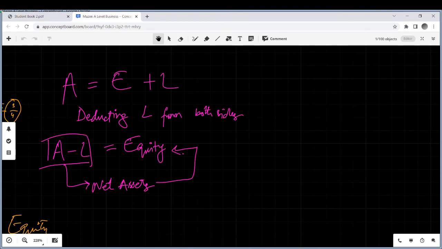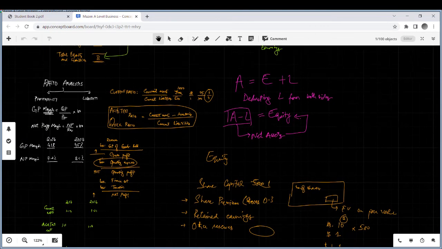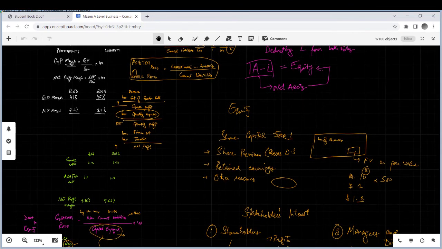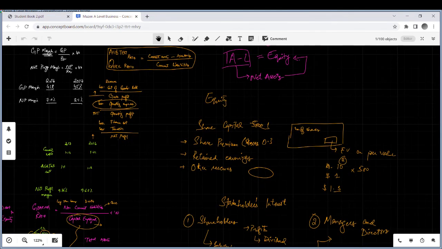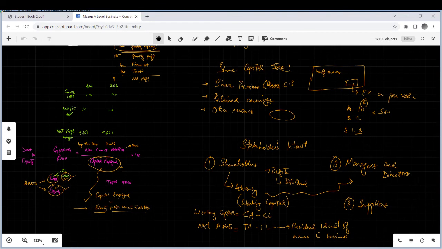So, total assets minus total liabilities. You asked this question and I wrote it somewhere. Maybe I removed it. I wrote that current assets minus current liabilities is working capital, and total assets minus total liabilities is equity.